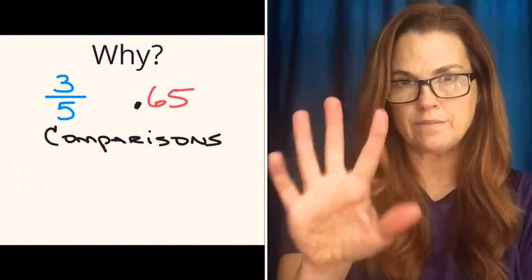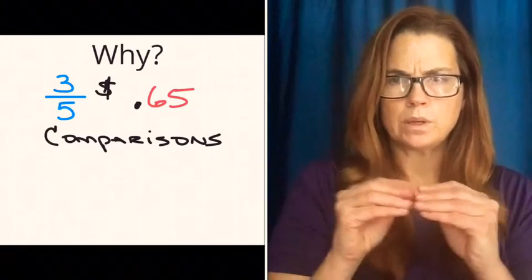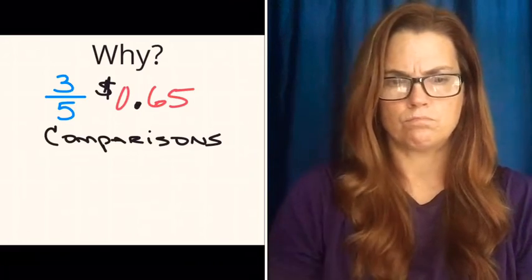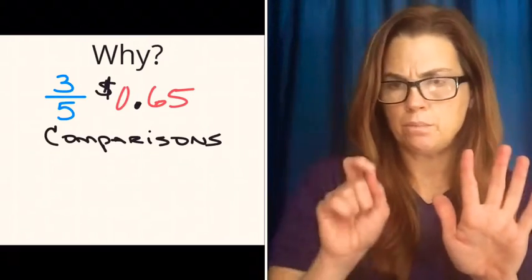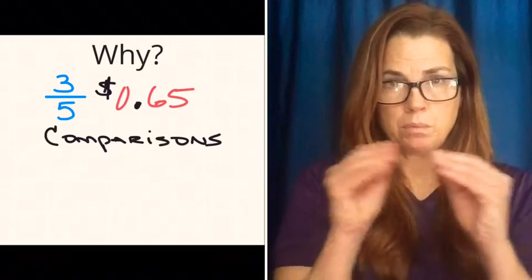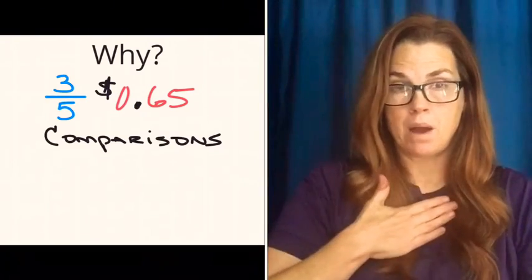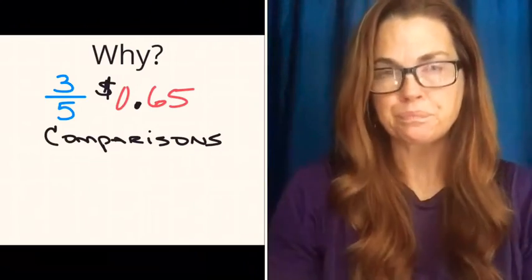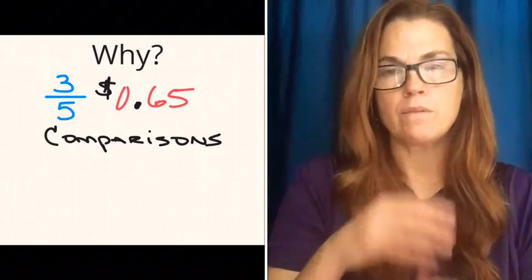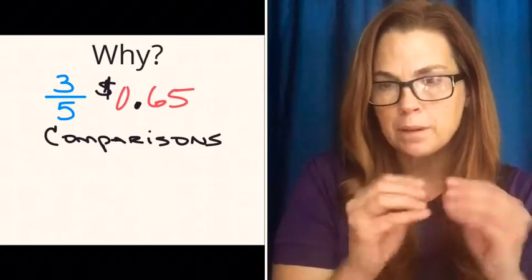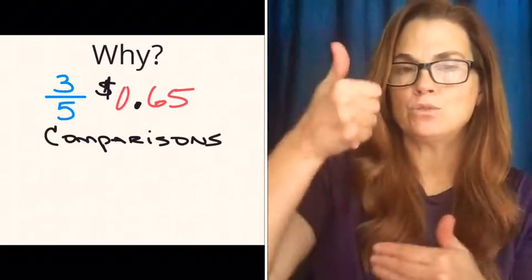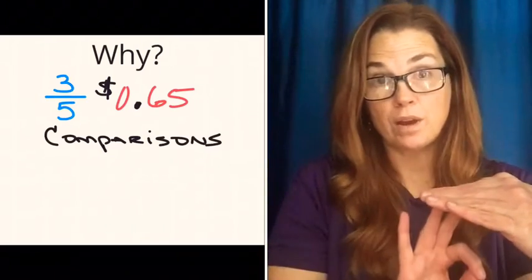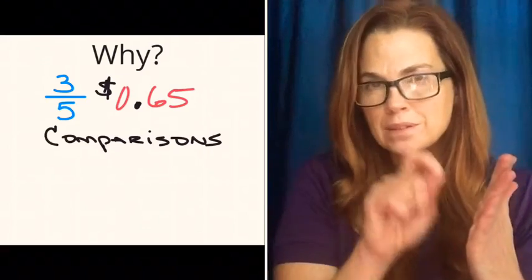Do we know? We certainly can't be sure, because right now my dollar value is represented as a fraction, while yours is represented as a decimal. So to make easier comparisons between two numerical values, it would be much easier if they were both written in the same form. So rewriting that fraction as a decimal would then give me two decimals I could compare to each other, and that would be very helpful.